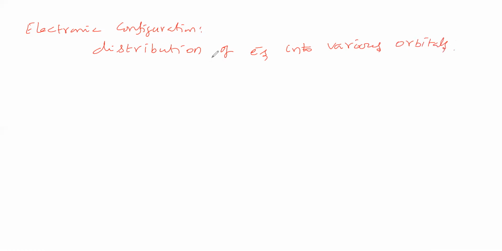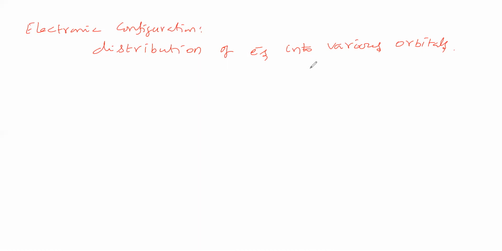If we take an atom, molecule, or ion, cation or anion, whatever species you take that has electrons, how to distribute those electrons into various orbitals is told by electronic configuration. To distribute electrons into various orbitals, certain rules are required.